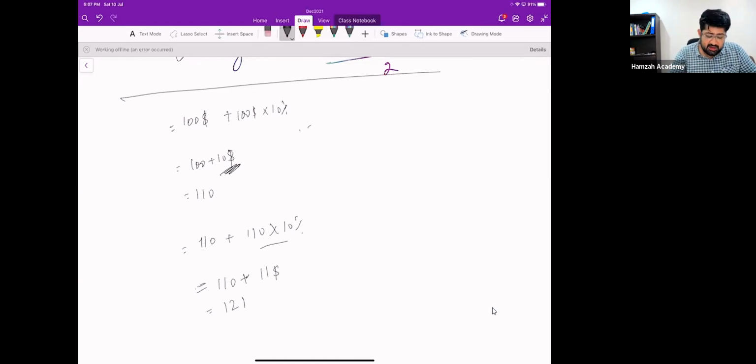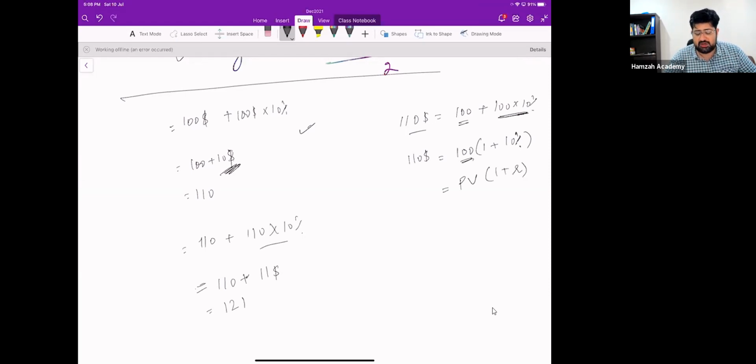Now let's see here. In the first year, you invested $100 and you got this interest, and the total amount is this in 1 year's time. Investing 100 today, I have taken 100 common from these two. Simple mathematics rule. This is the investment you are going to make today: present value.